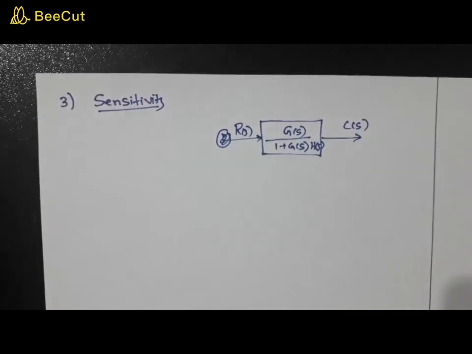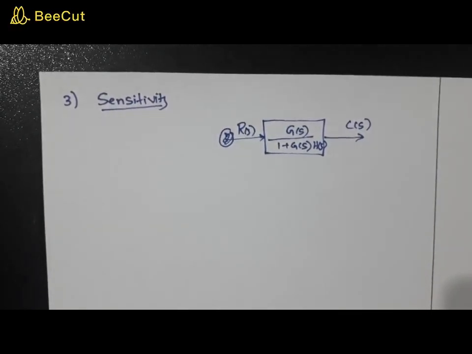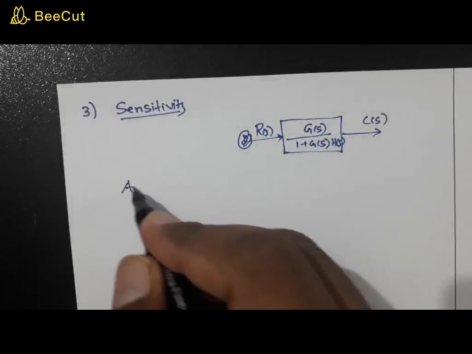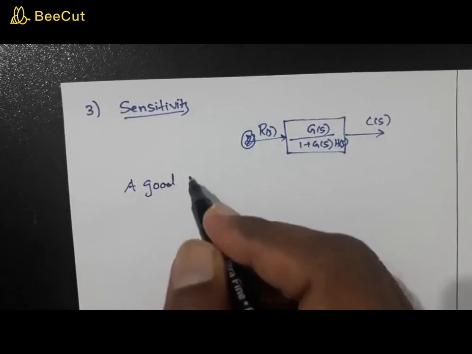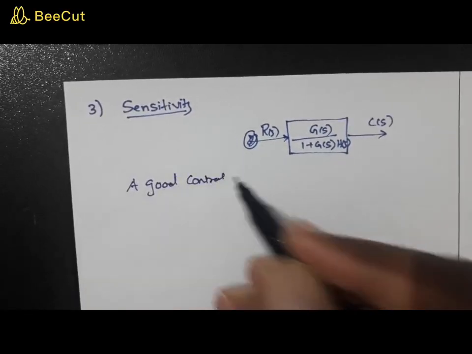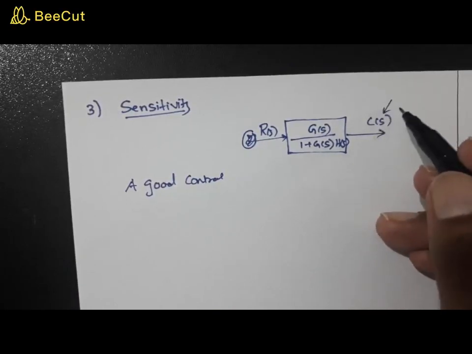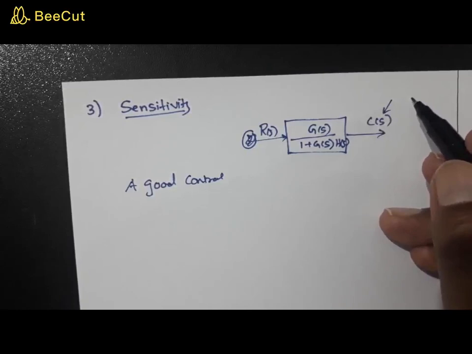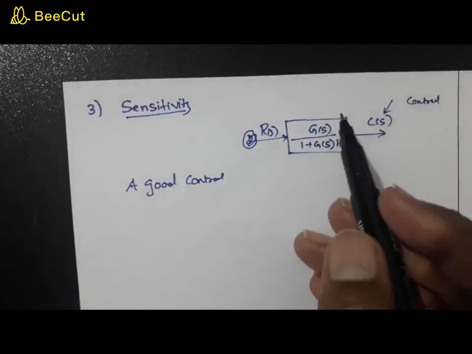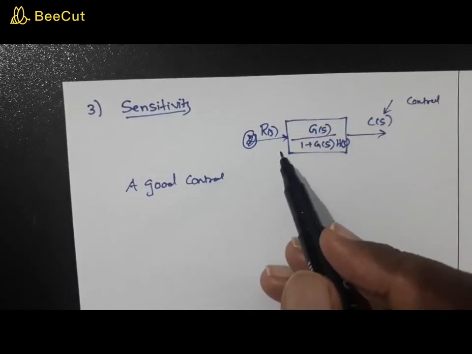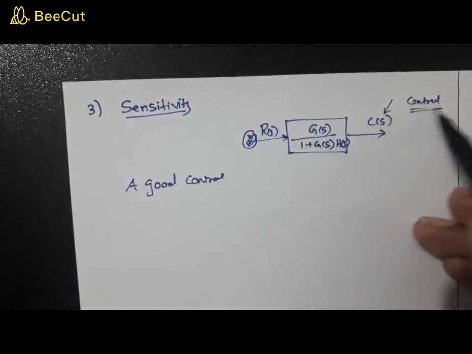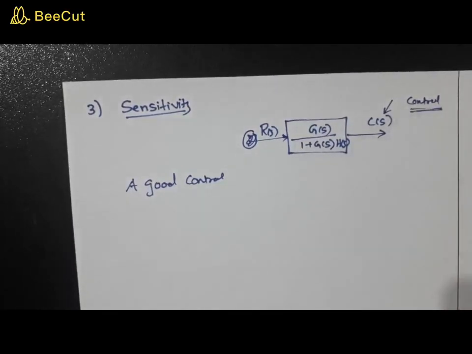Now, what is a good control system? What is the objective of a control system? The control system should make this C(s), the output to be controlled, remain in control always. It is the ability of the system to keep it controlled every time.